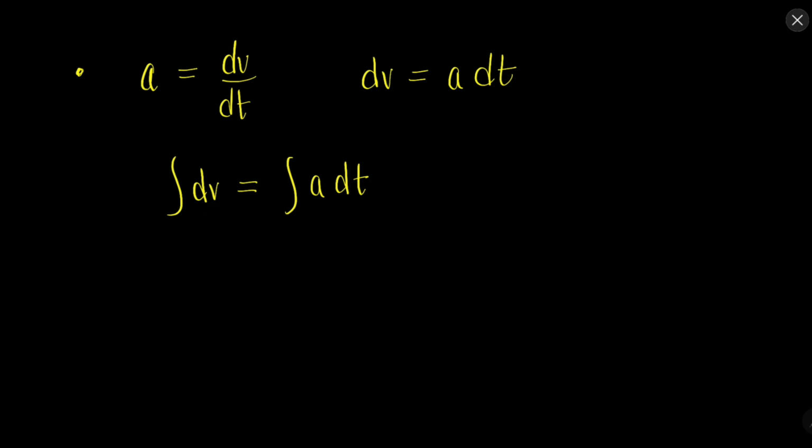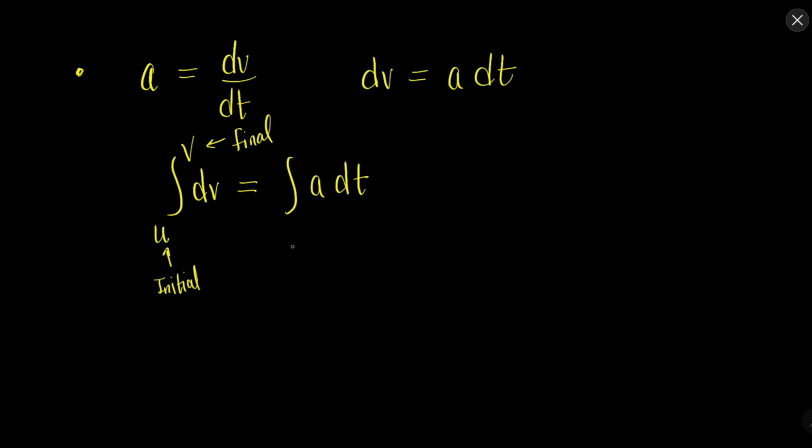Now let's say the initial velocity was u, so I will write u here, and the final velocity will become v, so I will write v here. This bottom limit tells us about the initial condition, and this top limit tells us about the final condition. So this is the final velocity.